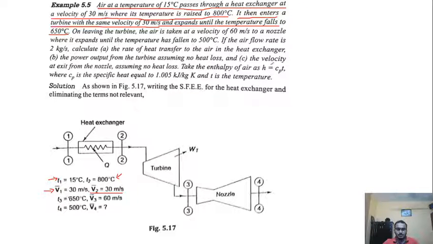So here it was 15 degrees Celsius, here it is 800 degrees Celsius, and here it is 650 degree Celsius.